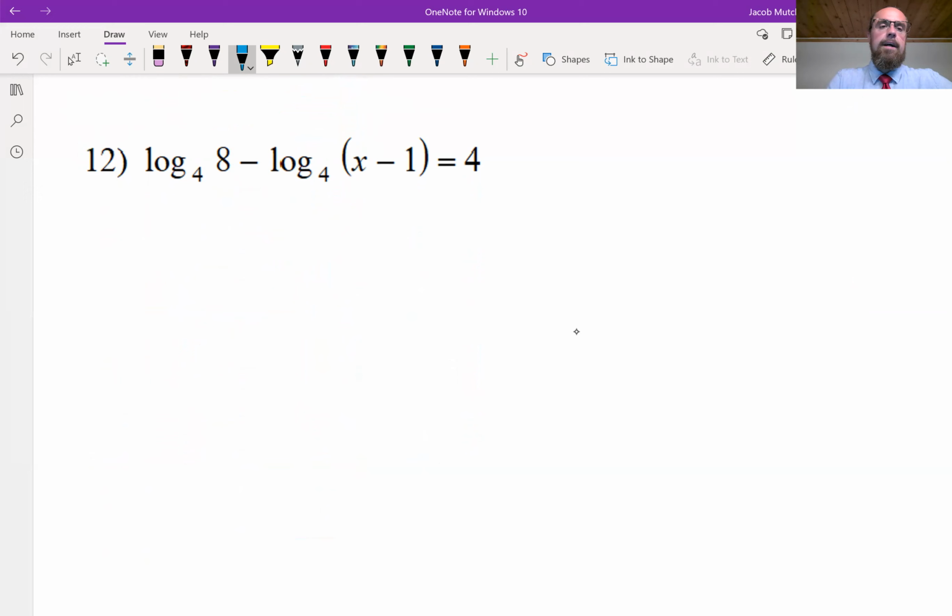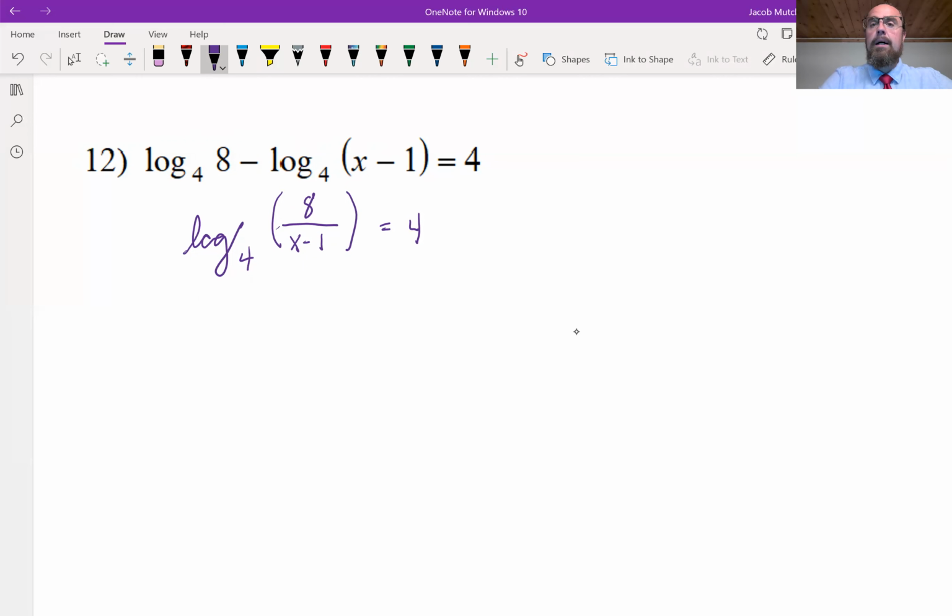Recall that this minus is going to convert to division. So to combine these 2 logs on the left, I'm going to put log base 4 of the numerator 8 over denominator x minus 1, and that equals 4.